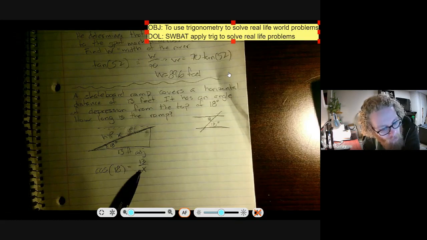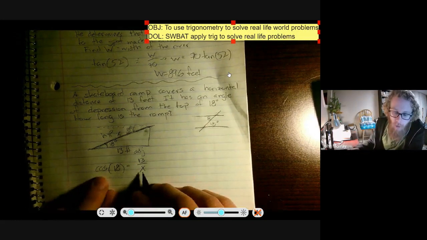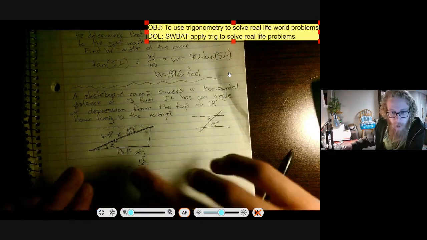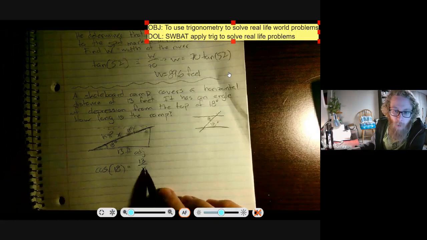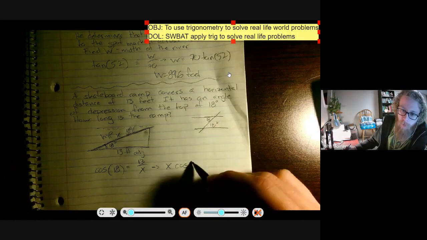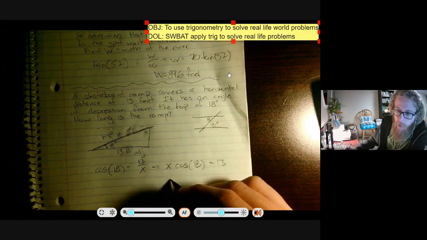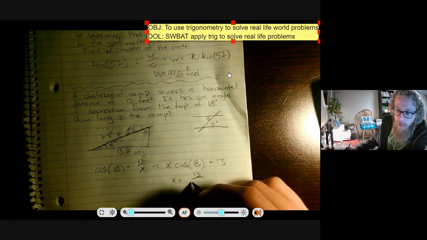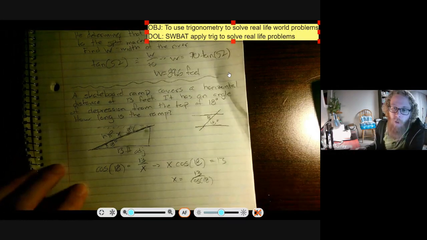I'm going to show you how we deal with this, and then I'm going to teach you a little trick. Technically, there's two ways. I could take the reciprocal, or I can do it in two steps. I can multiply both sides by x, and then I would have to divide by cosine.